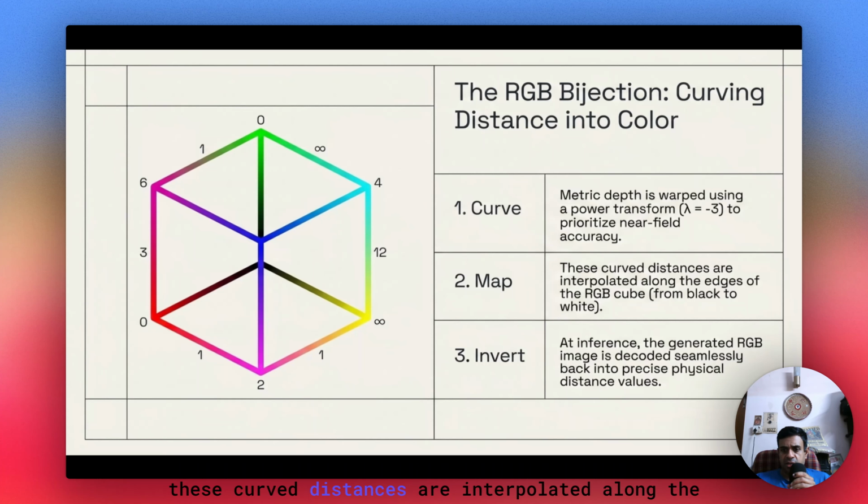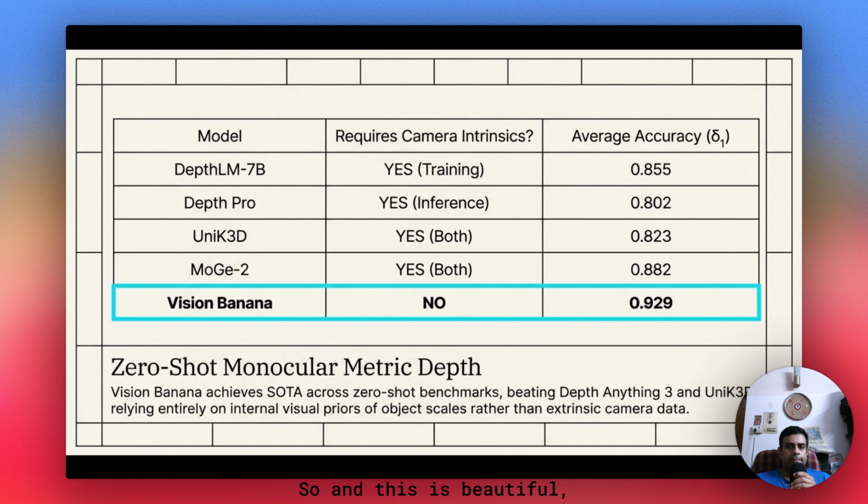These curved distances are interpolated along the edges of the RGB cube from black to white, and then inward. At inference, the generated RGB image is decoded seamlessly back into precise physical distance values. And this is beautiful. I love this comparison: zero-shot monocular metric depth. Earlier, during the cinematic overview, I was mentioning that almost all the previous methods require these camera intrinsics.